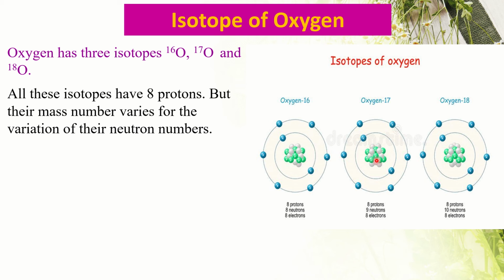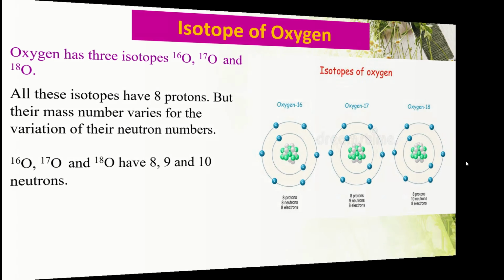Oxygen 17 has 8 protons and 9 neutrons, and oxygen 18 has 8 protons and 10 neutrons. So all these isotopes have 8 protons, but their mass numbers vary. Why? Because of the variation in their neutron numbers, as these isotopes have 8, 9 and 10 neutrons.